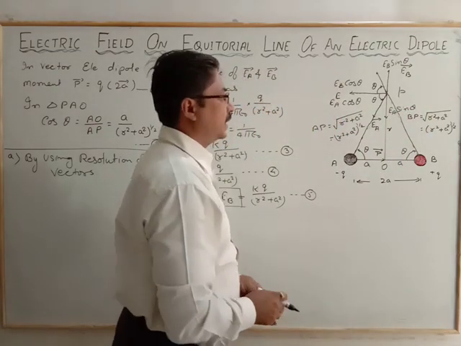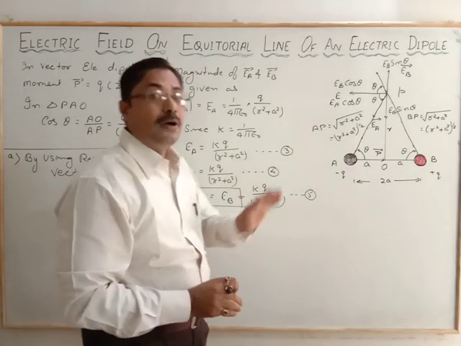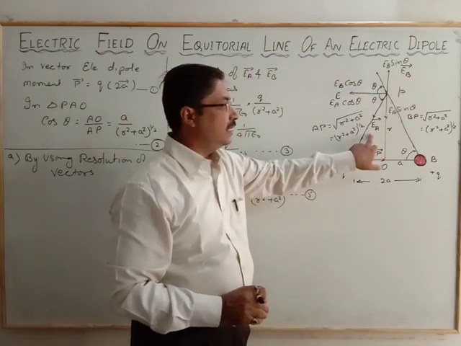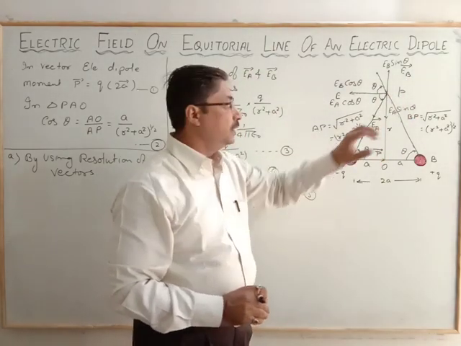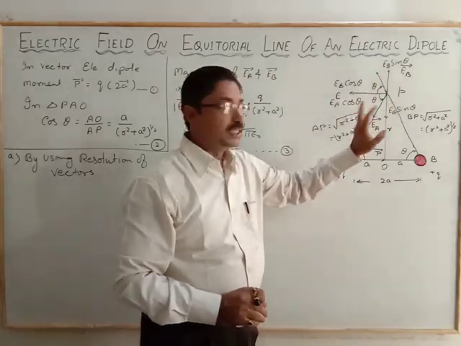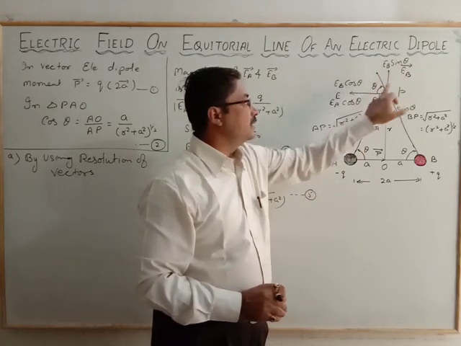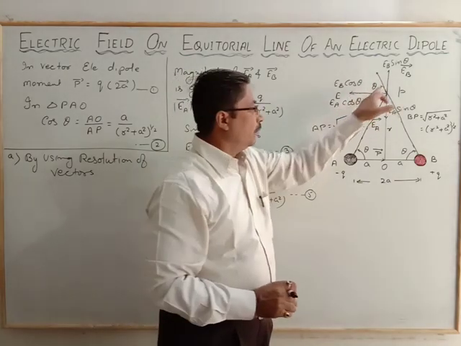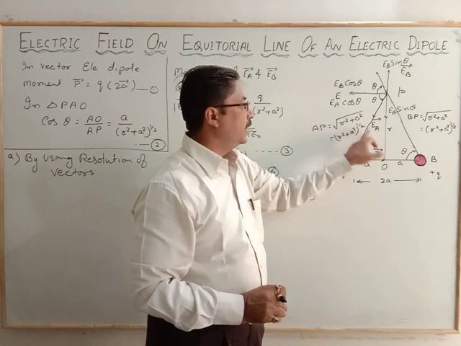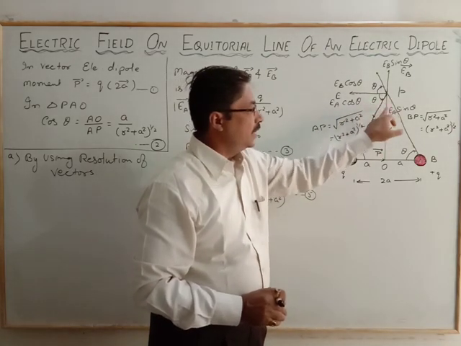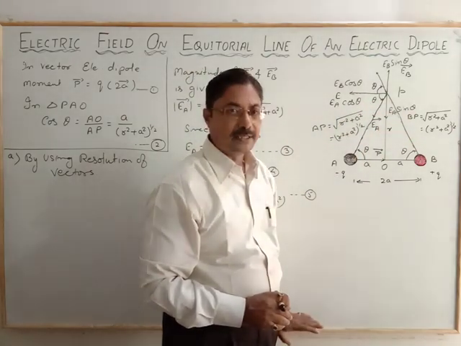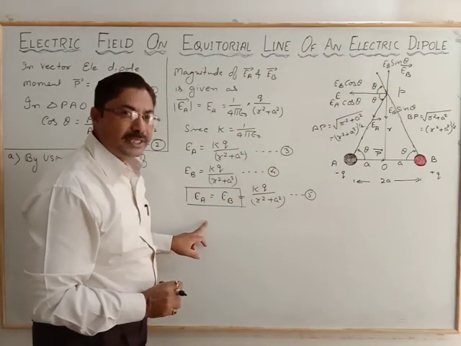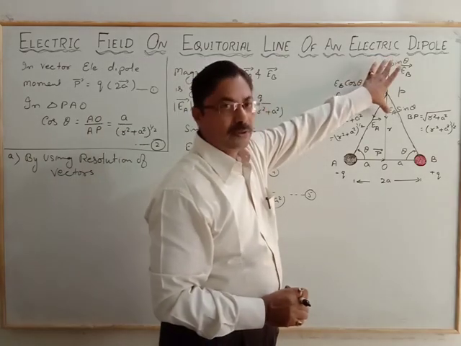So we resolve the two vectors, EB vector and EA vector, into their components. We know that EA and EB are equal, as we have already calculated. So these two are cancelled out.